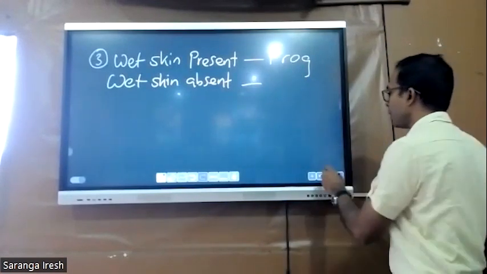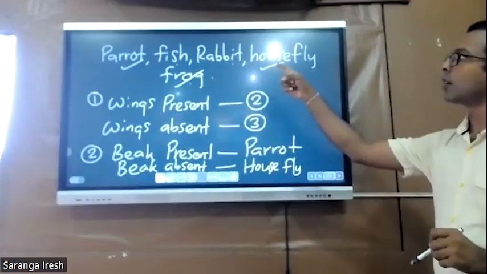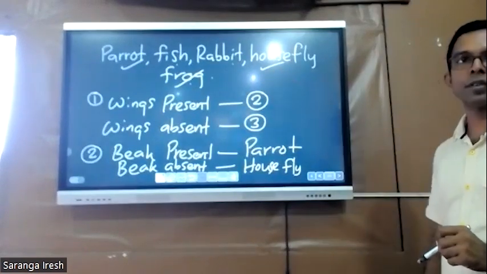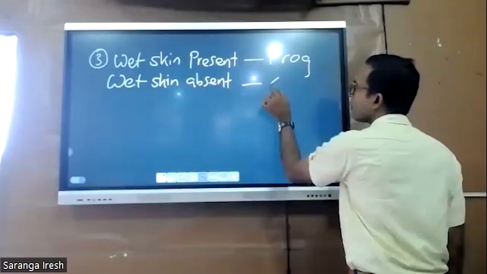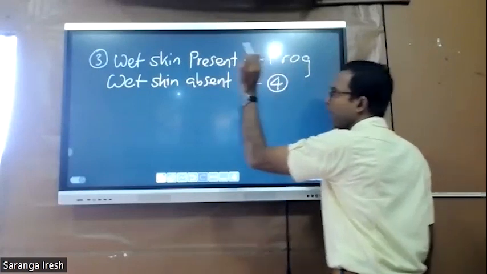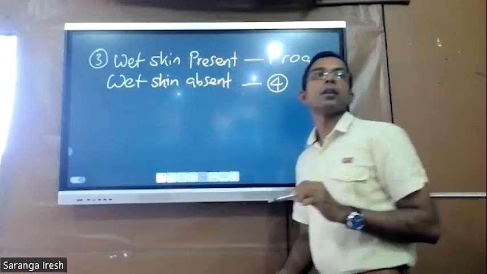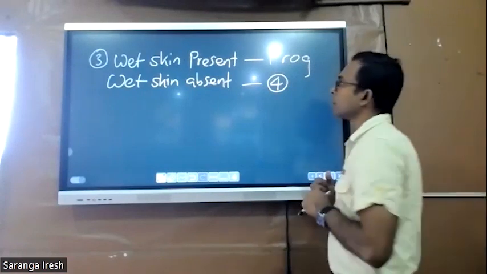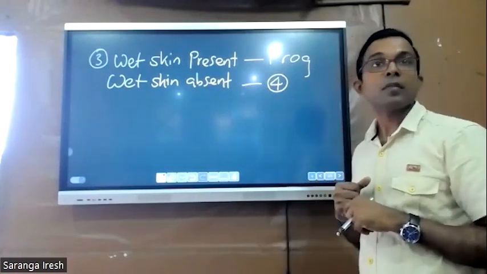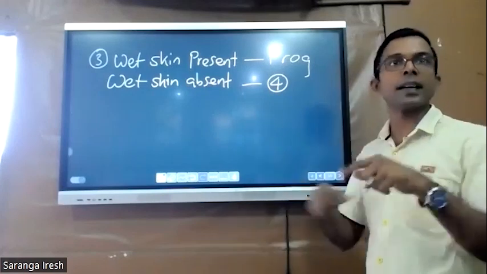Wet skin is absent in rabbit and fish. Now rabbit and fish should be classified in number 4. I am taking that, then I am writing this. Not the skin, scales.